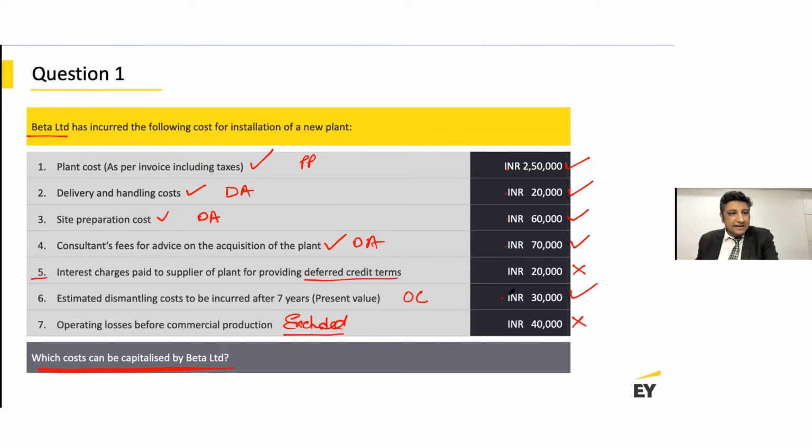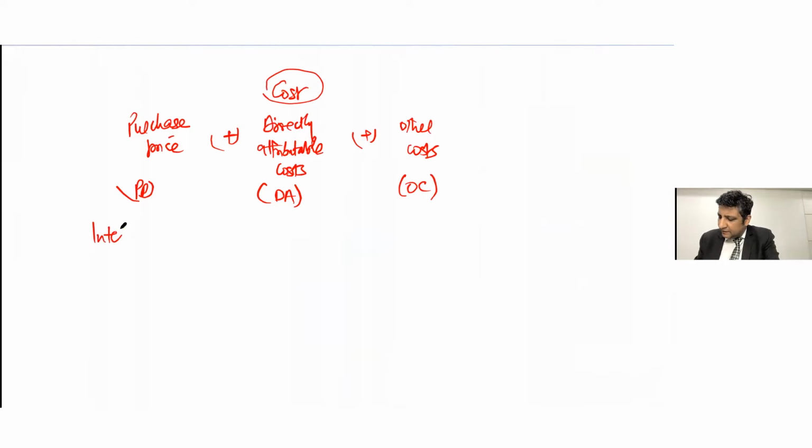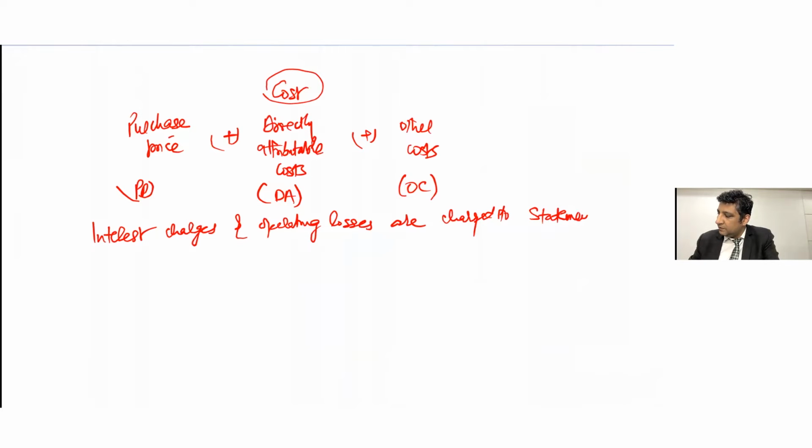As far as the interest charges and operating losses are concerned, we say that interest costs or interest charges and operating losses are charged to statement of profit or loss as period costs, right?